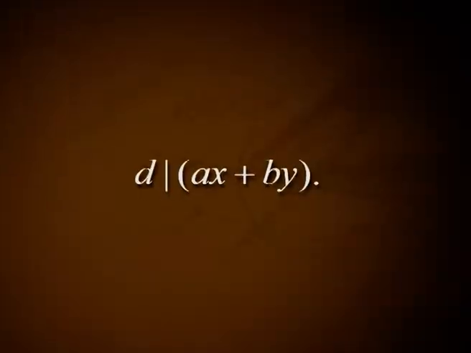Because d divides a and d divides b, Theorem 3 yields d divides ax + by. Hence, d divides 1. D divides 1 implies either d = 1 or d = -1. As d is a positive integer, the only possibility is d = 1. This shows that a and b are relatively prime.